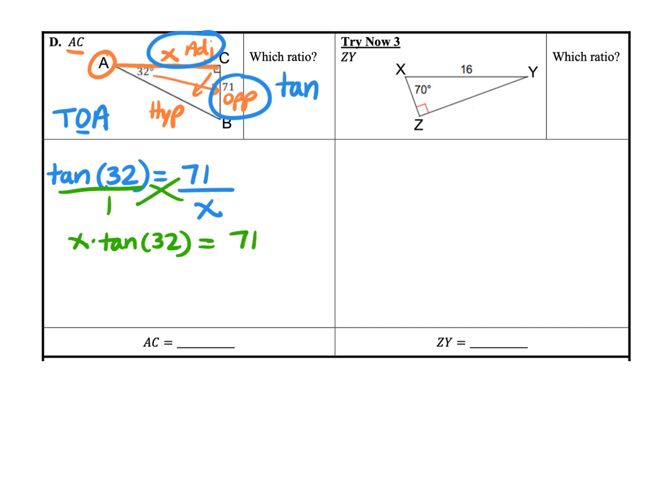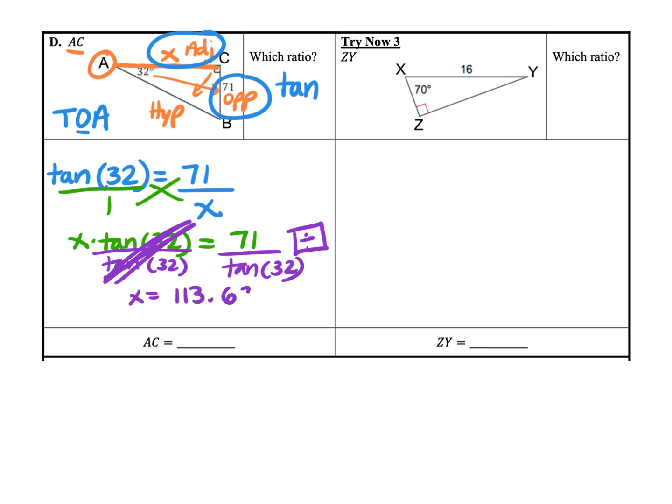I need to get my X by itself, so I have to undo that multiply by tan 32. And when we do that now, we can just go to our calculators here and type in 71 divided by tan 32. And when you do that, your calculator is going to give you 113.623. For rounding purposes, the 3 there is going to round down, so we'll say that side AC is 113.62.